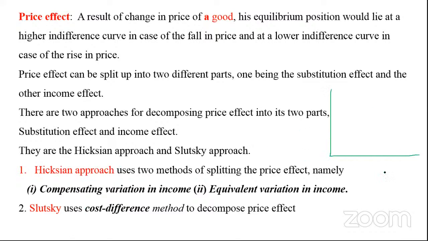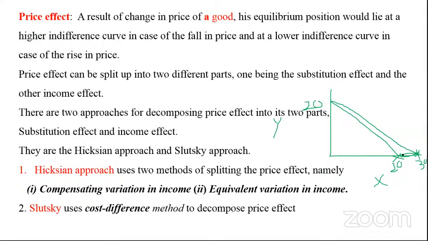Here, this is good X, this is good Y. First, the budget is 100 rupees, and at that time there are 20 units of X and 20 units of Y. When the price of X falls, he is able to purchase more of X, up to 30 units. His movement is from 20 units to 30 units.